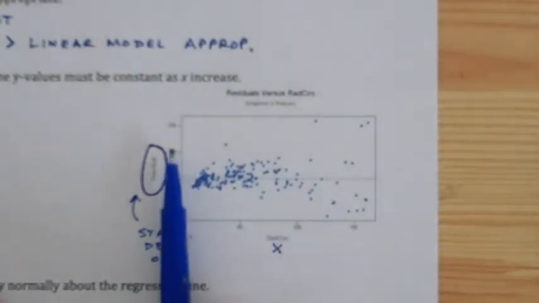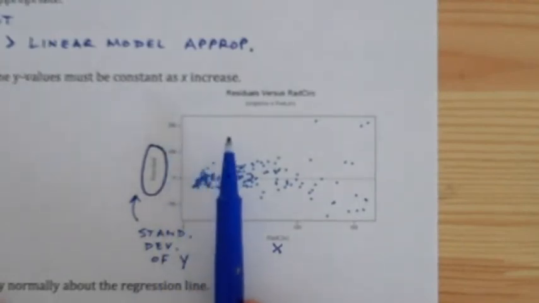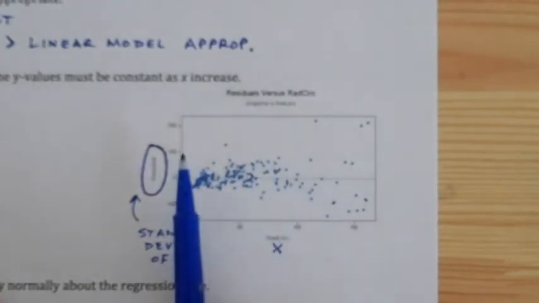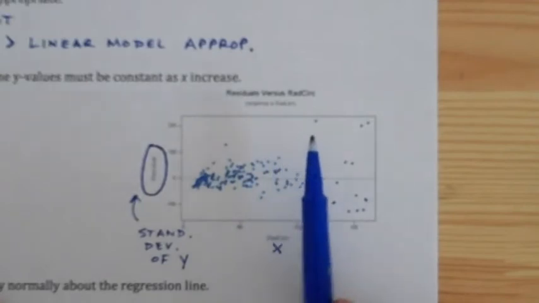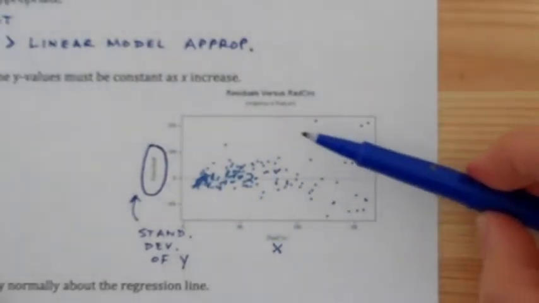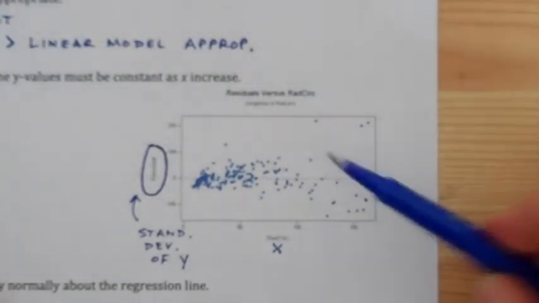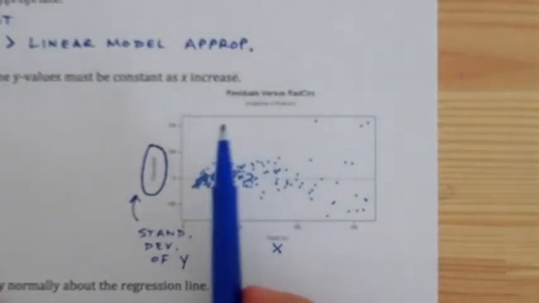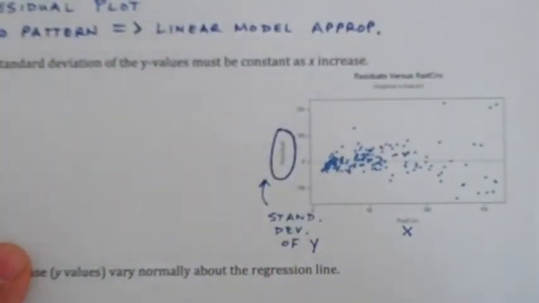And we're looking at what happens as x changes. Now what you want to notice is that as x increases, the residuals are also increasing. And so what that suggests to us is that we're losing predictive power as we move this way. Or in other words, the standard deviation is not constant.